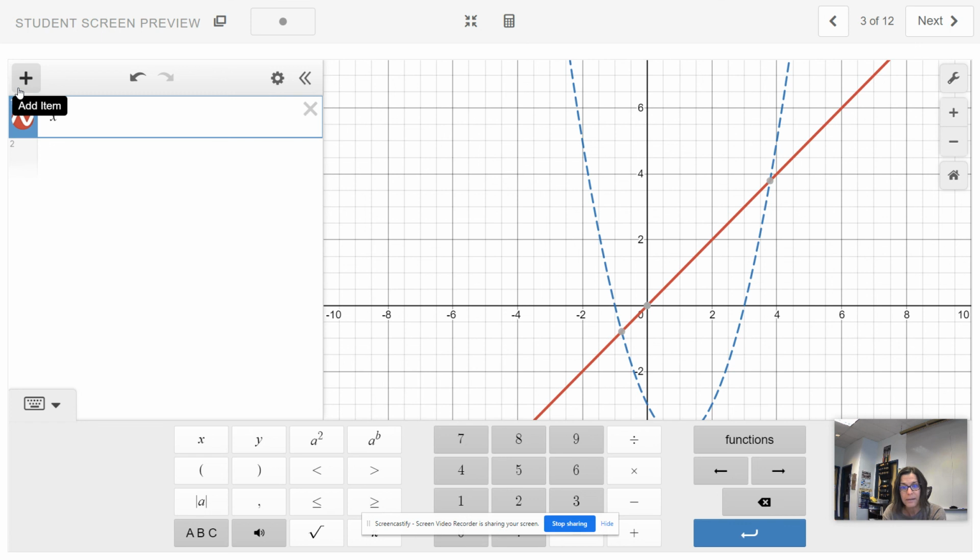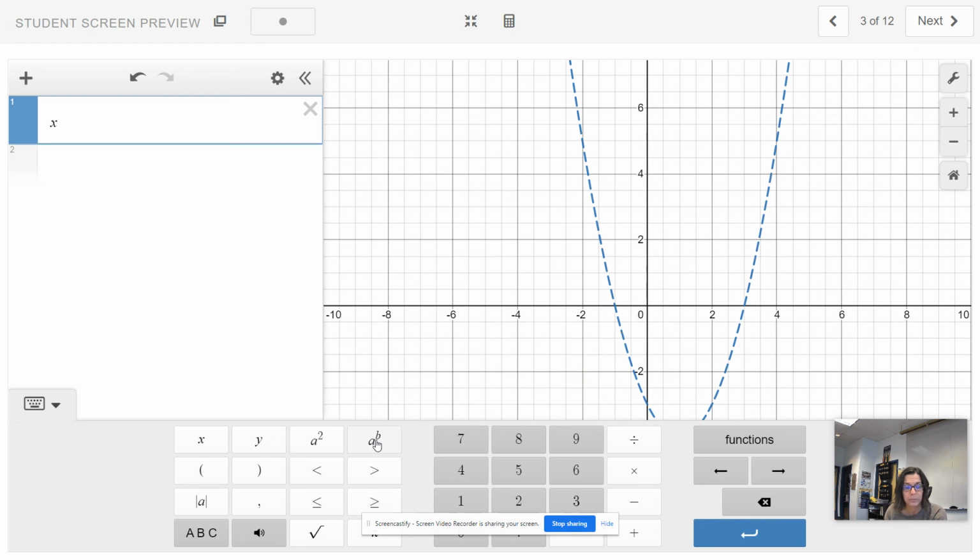That's the shortcut to getting it up there. Or you can hit squared, or this lets you do any exponent. It just puts the cursor up in the air. Then you need to get back down to the ground. X squared. We had minus 2x, so I'm just going to type in minus 2x and then minus 3.